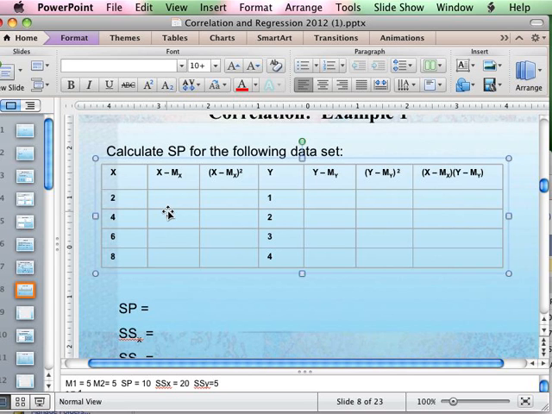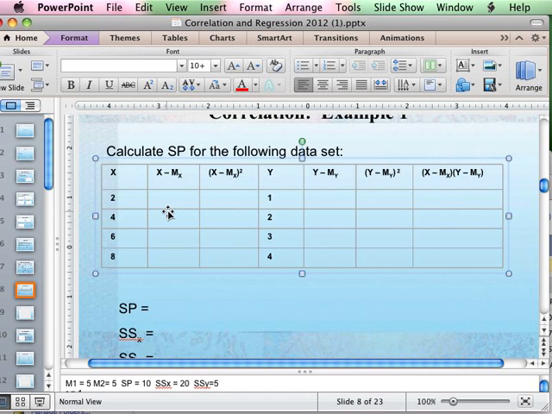For my second one, I have a deviation score of negative 1. I'm multiplying that by a deviation score of negative 0.5. So that gives me a value of positive 0.5. For my next x score or my deviation of positive 1, I multiply that by positive 0.5, and I get again another value of positive 0.5.